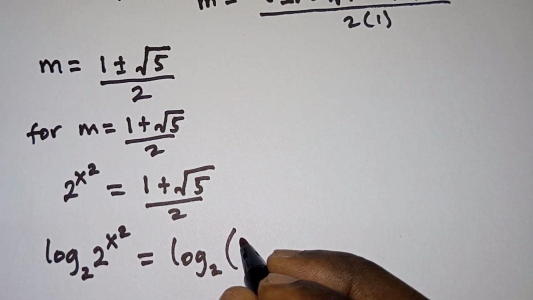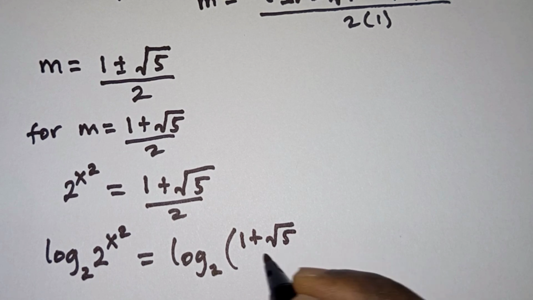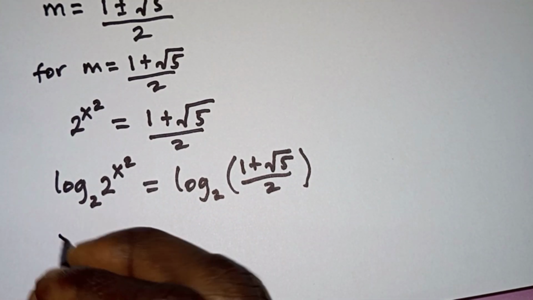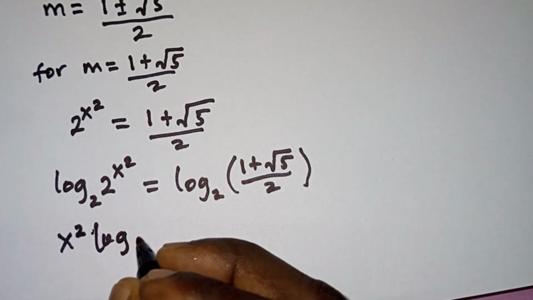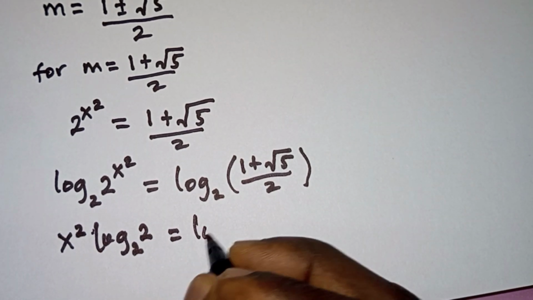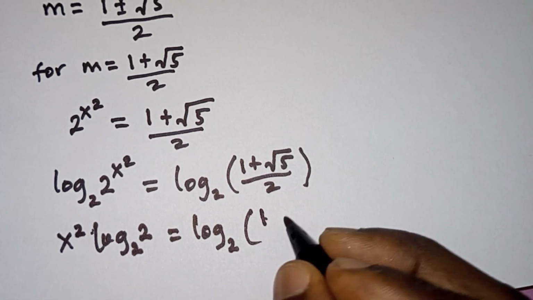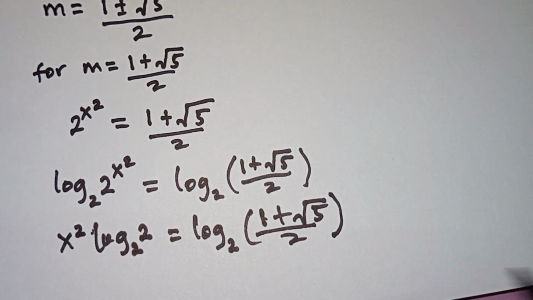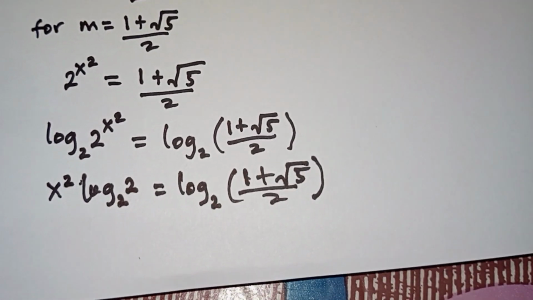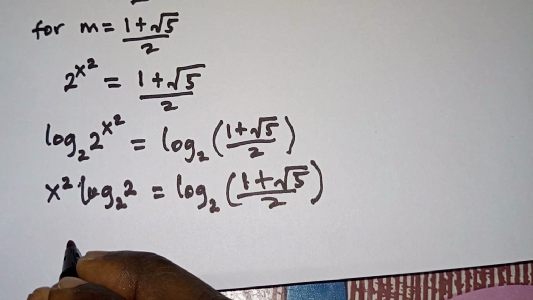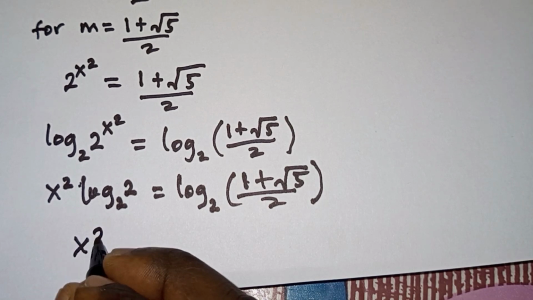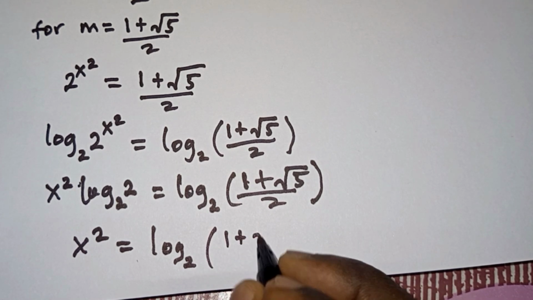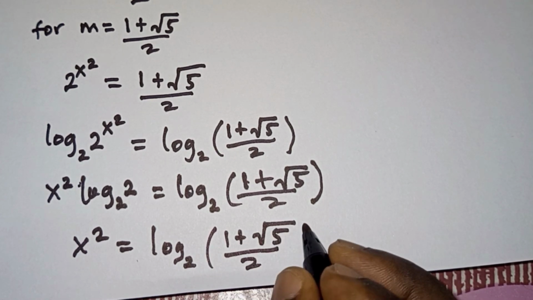So we have 1 plus root 5 divided by 2. Now, as always, the power now becomes the leading number. So we're going to have x squared times log base 2 of 2 is equal to log base 2 of 1 plus root 5 divided by 2. Now we see that log base 2 of 2 is equal to 1, right? So we're going to have x squared is equal to log base 2 of 1 plus root 5 over 2.